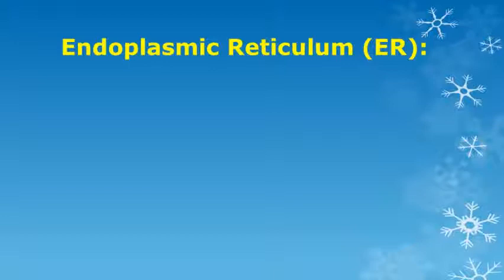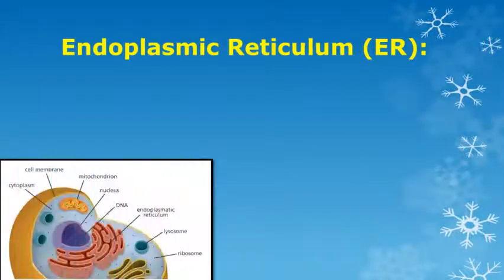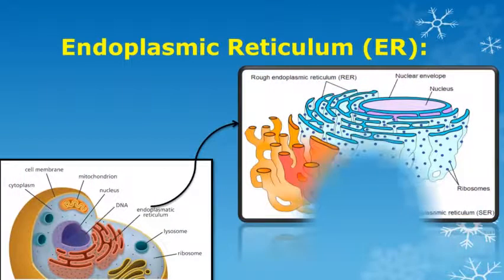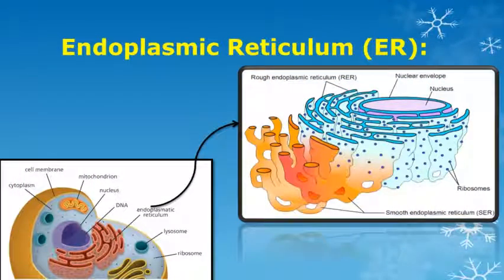Okay, now let's see the details of the endoplasmic reticulum. This is a clear picture of the endoplasmic reticulum. You can observe the rough endoplasmic reticulum and the smooth endoplasmic reticulum.